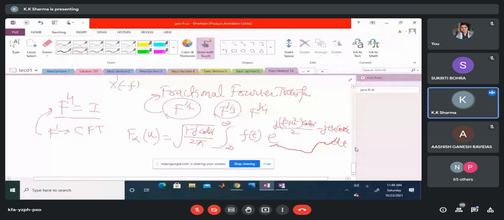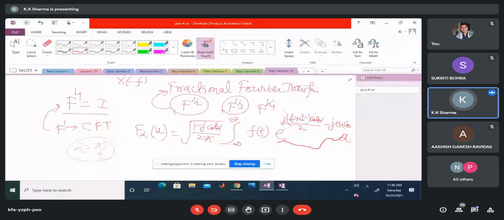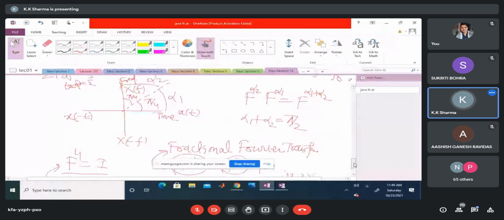If you put alpha equal to pi by 2, this cot alpha will be 0, cosec alpha will become 1, and this reduces to your Fourier transform. So fractional Fourier transform reduces to the Fourier transform when alpha is equal to pi by 2.